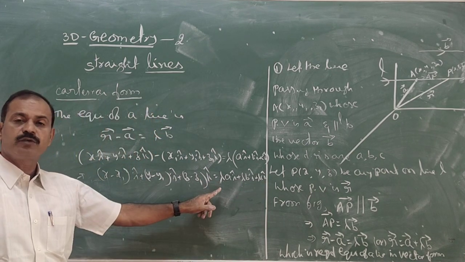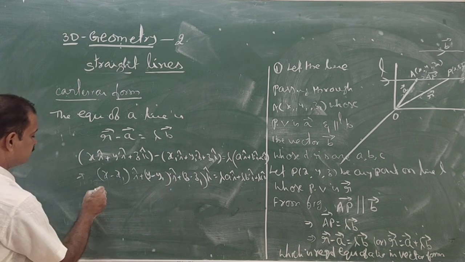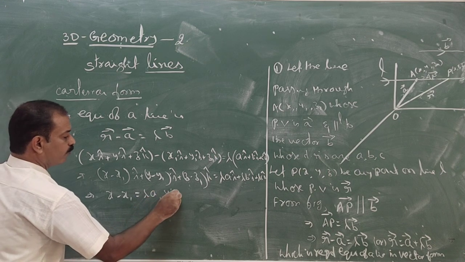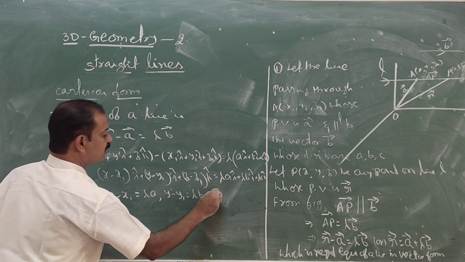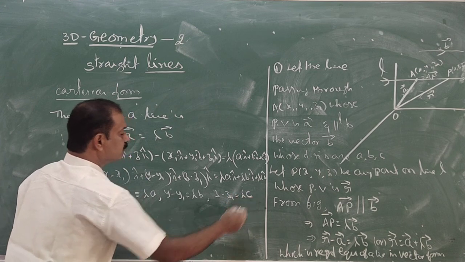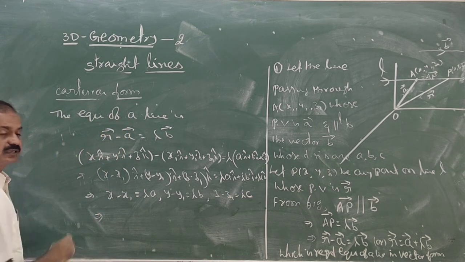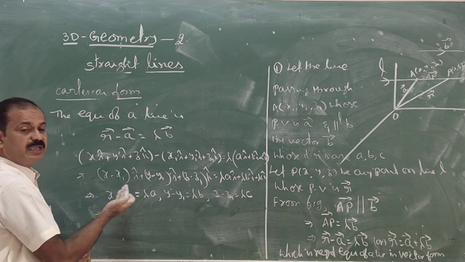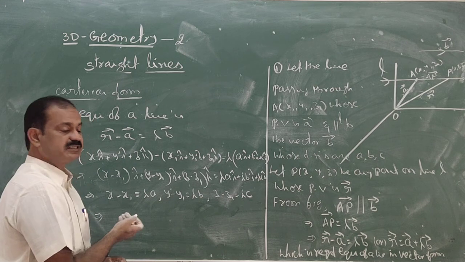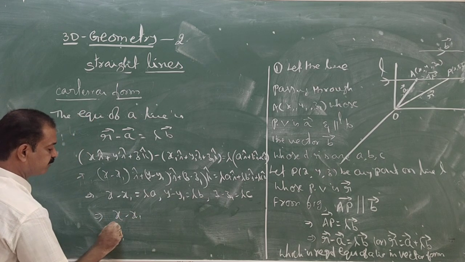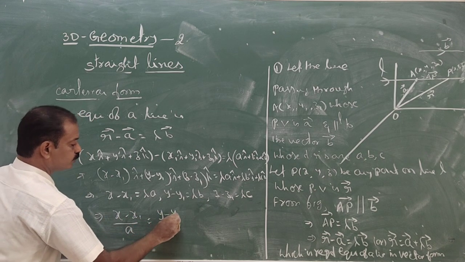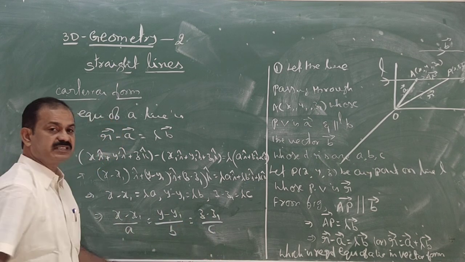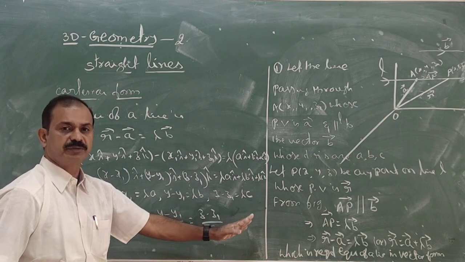When two vectors are equal, their corresponding components are equal, which implies x minus x1 is equal to lambda a, y minus y1 is equal to lambda b, z minus z1 is equal to lambda c. So (x minus x1) by a is equal to lambda, (y minus y1) by b is equal to lambda, (z minus z1) by c is equal to lambda. So (x minus x1) by a is equal to (y minus y1) by b is equal to (z minus z1) by c is equal to some constant, whatever it may be.